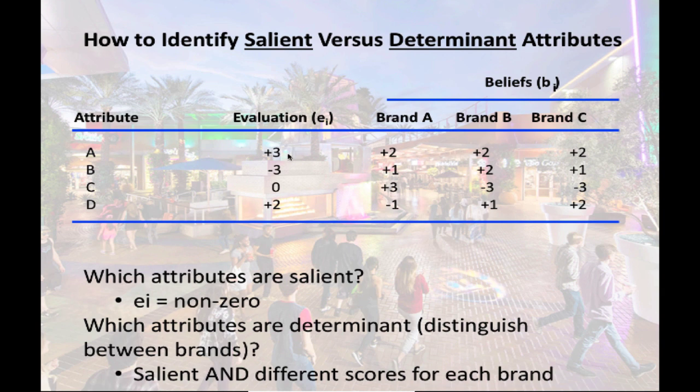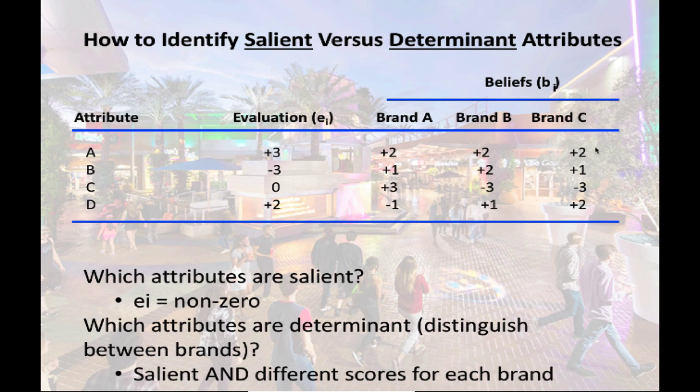Then we would look at the belief ratings to see of the 3 remaining attributes that are salient, which is A, B, and D, which ones have different belief ratings for each brand.